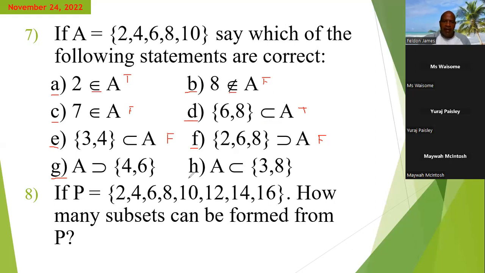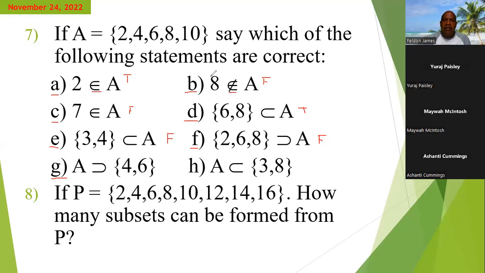Yes, sir. I have a question, sir. Go ahead. Could it also mean that {2, 6, 8} is not a subset of A, for it to be false?